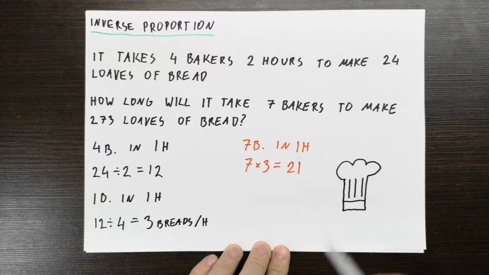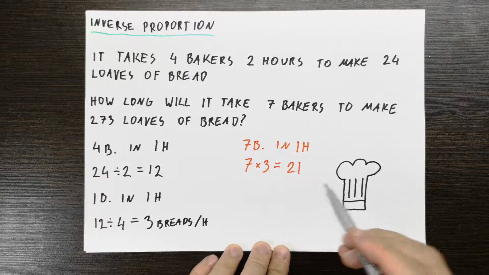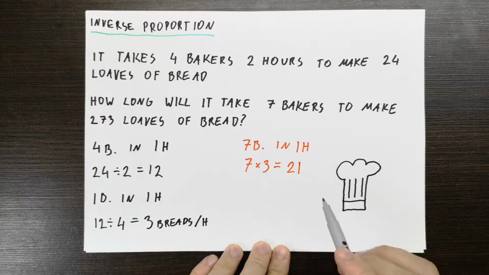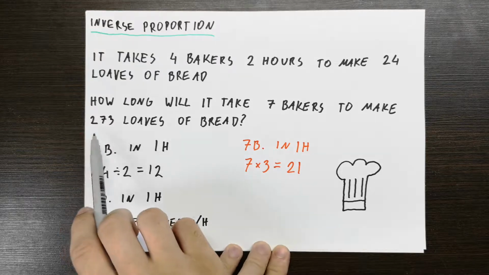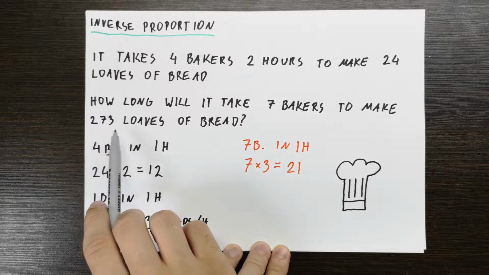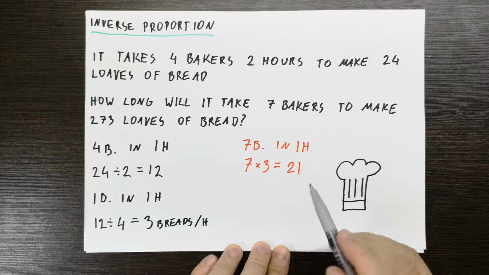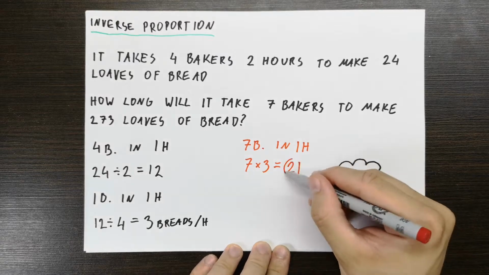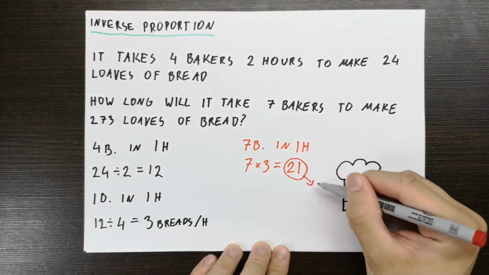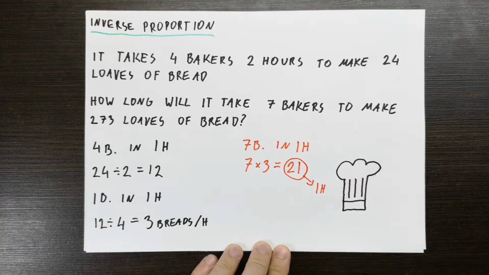Now, we need to scale it up again. Well, we don't need to scale. Actually, we don't need to scale it up again. Sorry. We just have 273 loaves of bread. So that's what we're essentially scaling up to. So that's how much we get in 1 hour using 7 bakers.